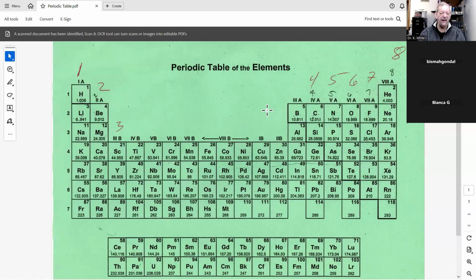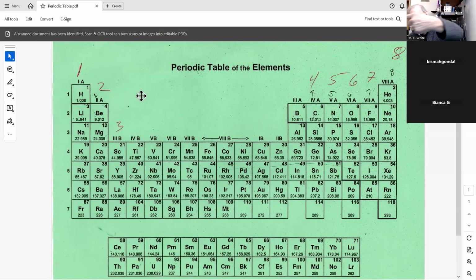So if we look here at our periodic table, at the first column, hydrogen, lithium, sodium, potassium, and so on, the number on top is 1, so they all have 1 valence electron. In the second column, magnesium and calcium, the valence electrons are 2.